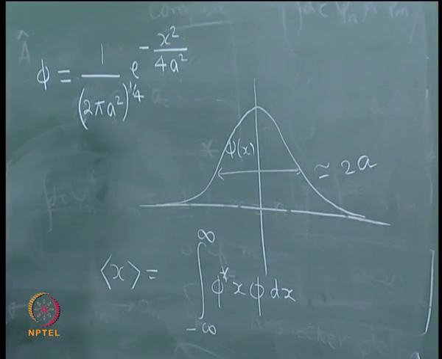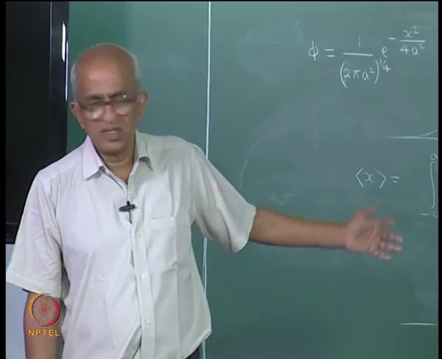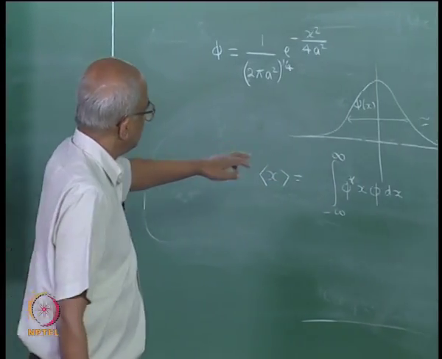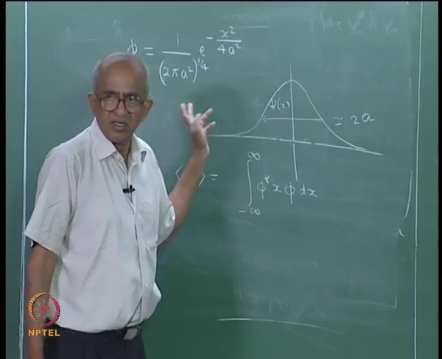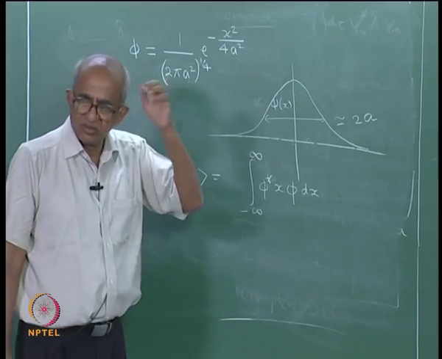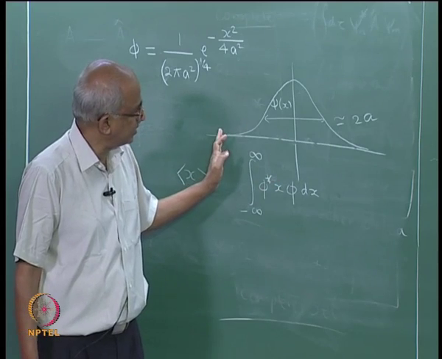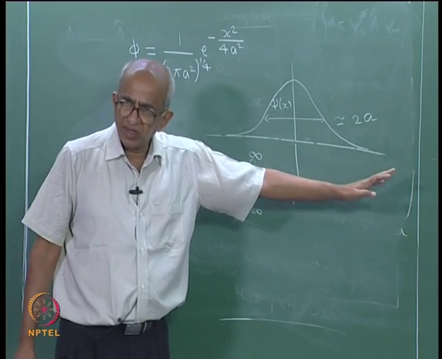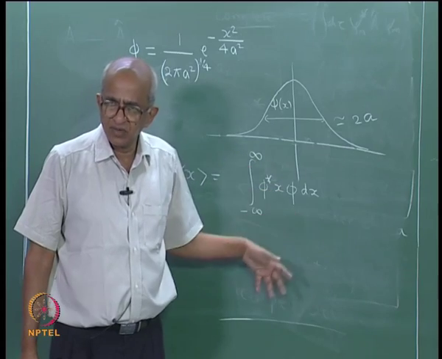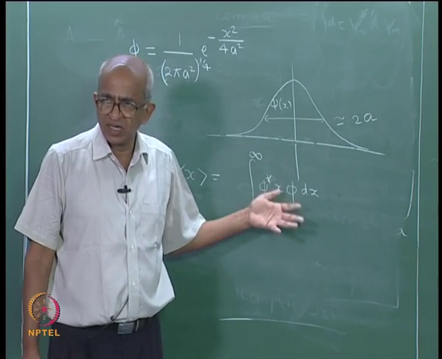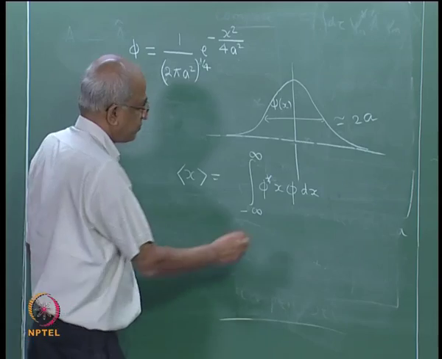Phi star has no effect on this function. I do not have to do this calculation, because I suspect that you will be able to tell me what the answer will be. Because this function is symmetric about the origin, it is an even function, the probability that the particle will be found on this side will be the same as the probability that it will be found on the other side, and therefore, when you calculate the average, it has to be 0.